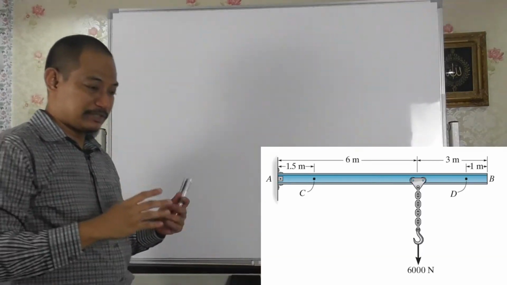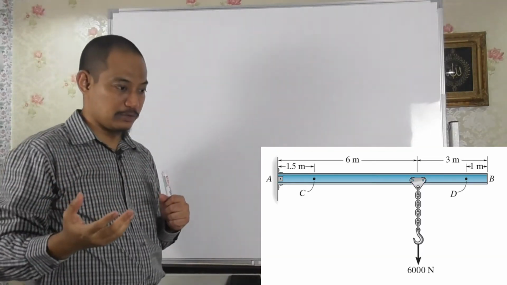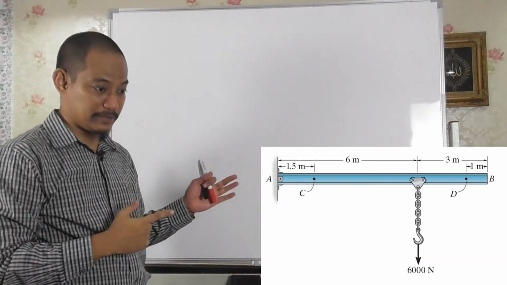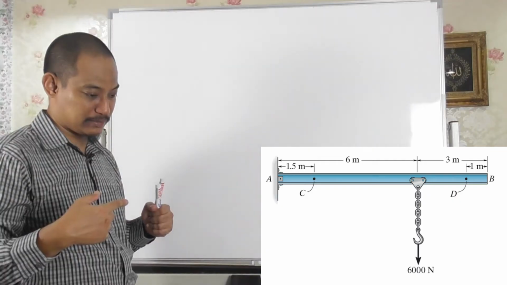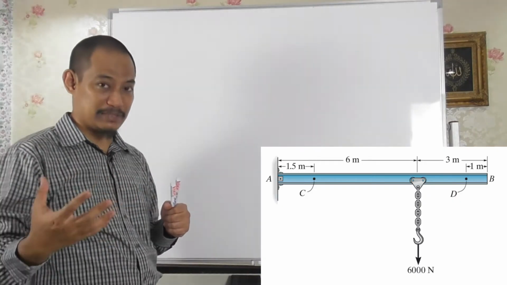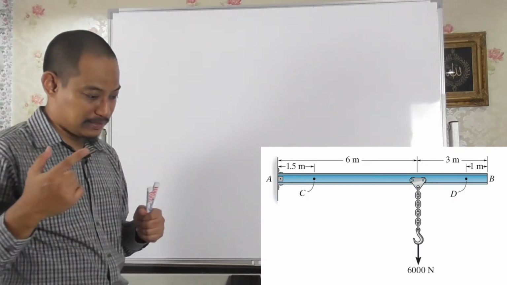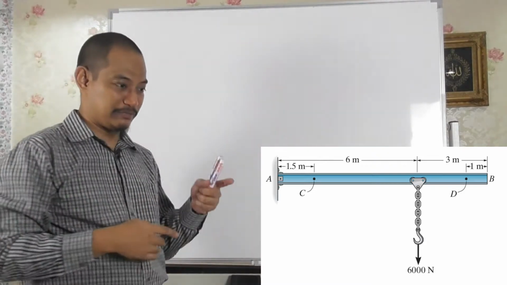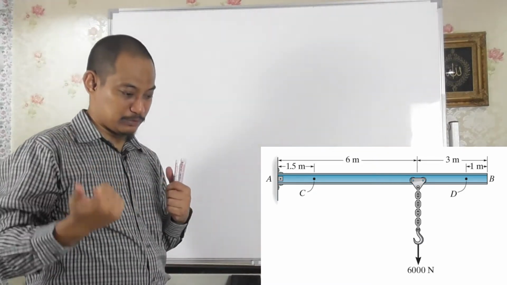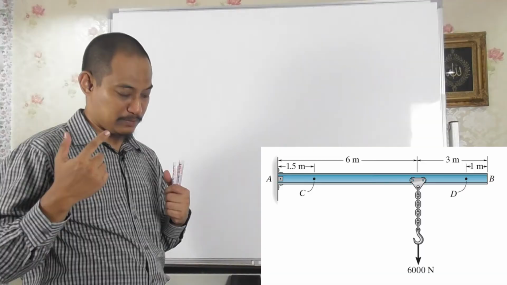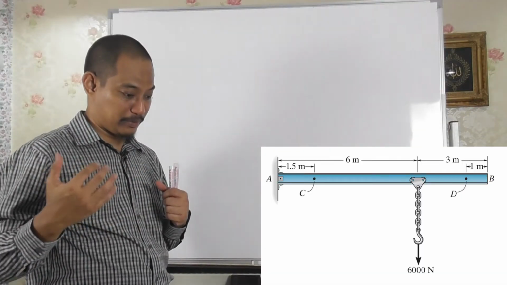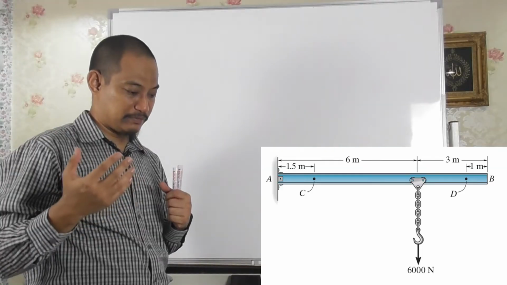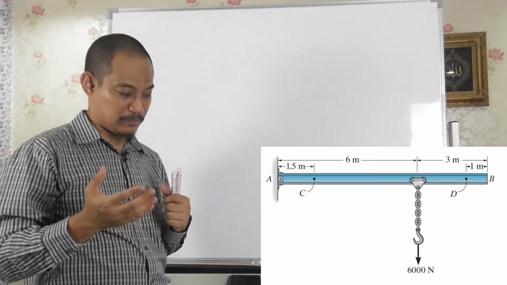Now to solve on the left side, we have to first solve for the support reaction at A, but when we solved for part C, we already solved the support reaction at A, right? So it's the same value. If you just check back what we have done before, AX equal to 0, AY is 16,800 upwards, and the moment at point A is 84,600 counterclockwise.